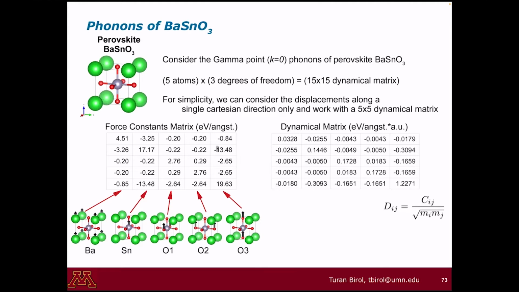Yeah, okay, here. This is the oxygen-barium element. Well, it is the first row, so it's barium, but the oxygen 3 displacement. So it's the force constant between oxygen 3 and barium. So this one I need to divide by the square root of the mass of barium multiplied by the mass of oxygen. I see. Thank you. That's very nice.